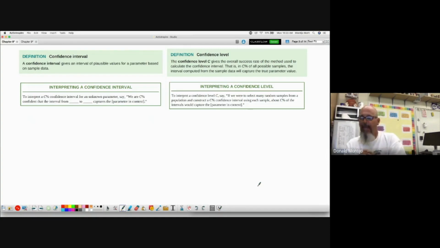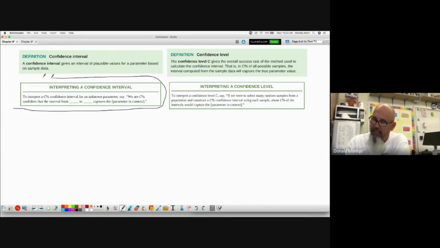So when we make a confidence interval, you're going to want to follow this sentence frame right here. To interpret a confidence interval, we're going to say the same sentence every single time. Over and over again, we're going to repeat the same sentence. 95% is the most commonly used level for a confidence interval.